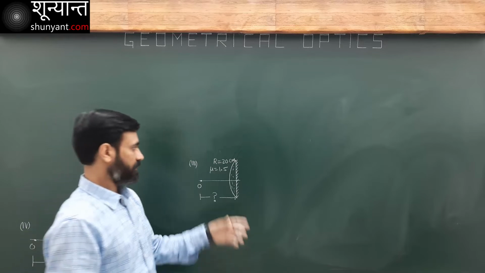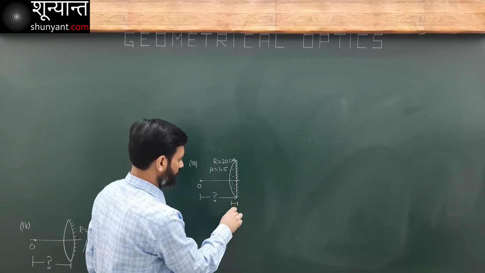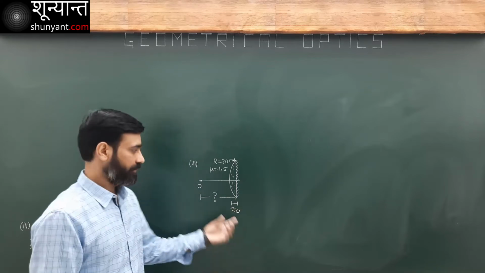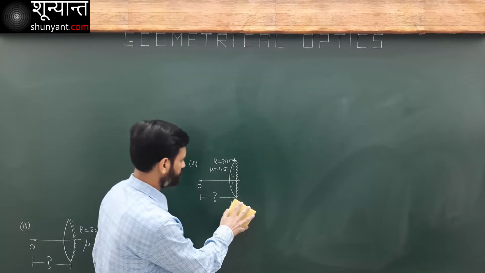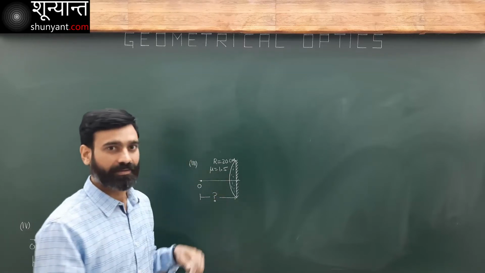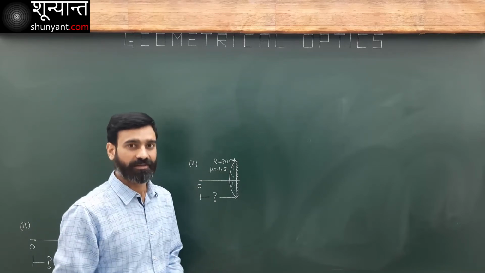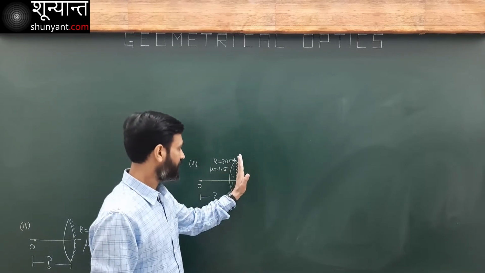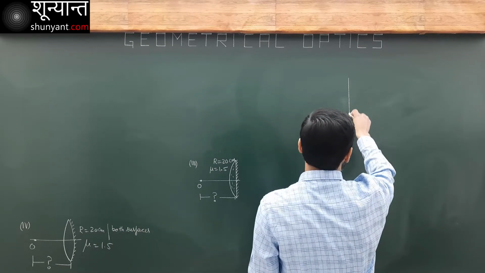It's a thin lens, so this thickness I have to ignore. Now, under what condition am I going to get my image here? It must retrace. I have a reflecting surface here. In what case will the light retrace?